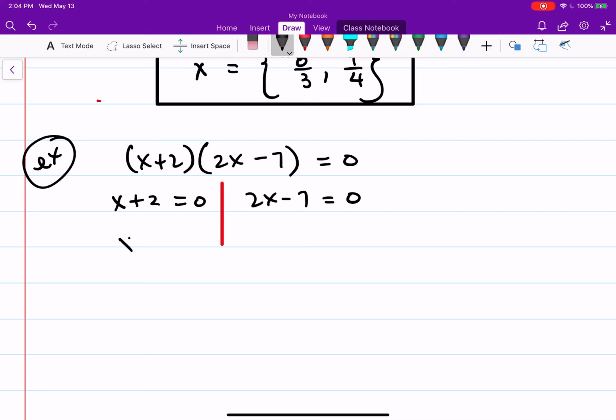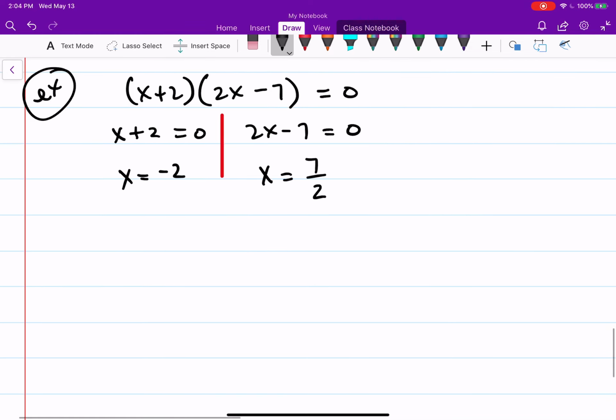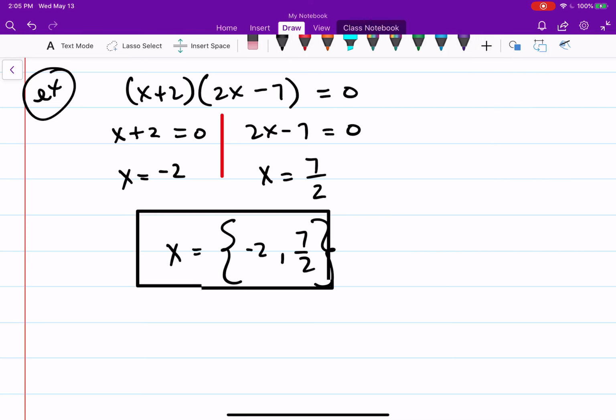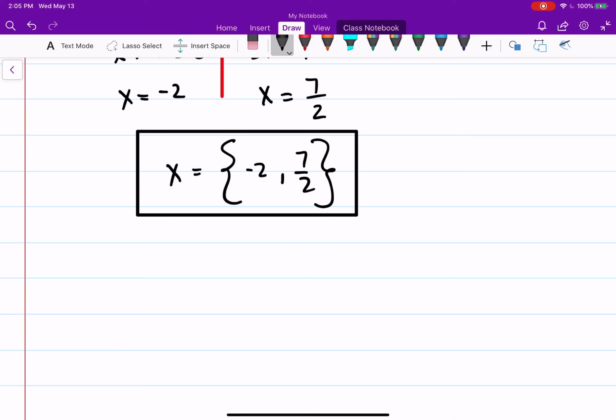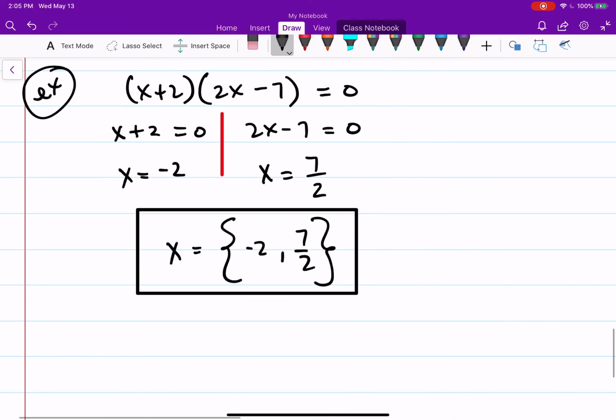And solve. Add the 7, divide by 2. Okay. Voila, just like that.